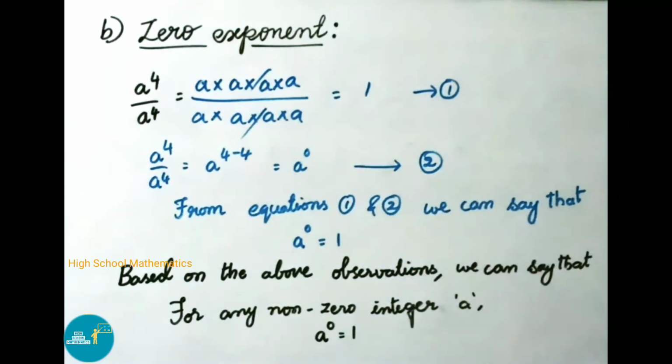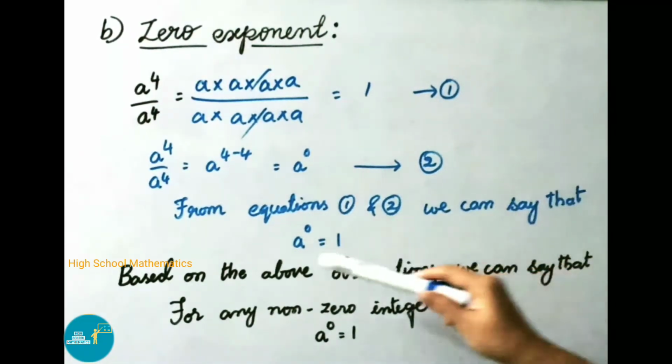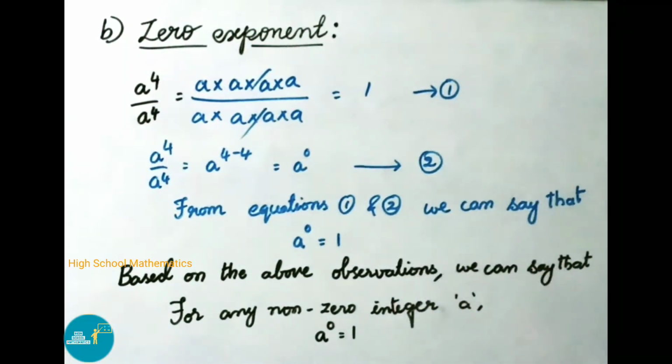It is equation 2. From equations 1 and 2 we can say that a power 0 equals 1. Based on the above observations we can say that for any non-zero integer a, a power 0 equals 1.